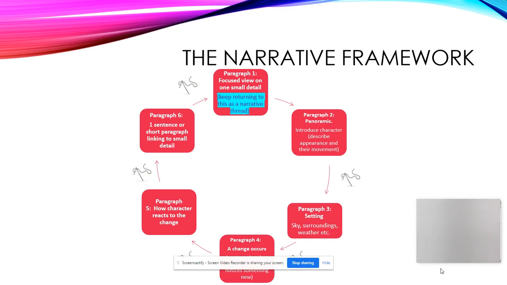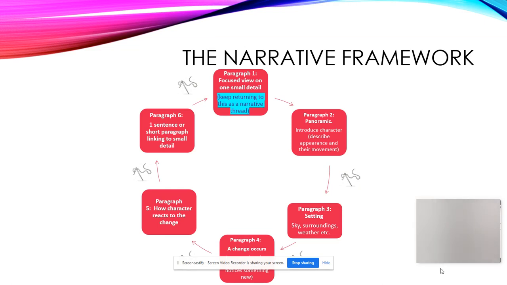If you just need a reminder, this is the creative writing framework, and you'll notice I've highlighted a certain bit in blue. Paragraph 1 says that you need to focus on one small detail to begin with, and then keep returning to that as your narrative thread. As you flow through, you'll notice there are little needle and threads just after each of the arrows barring the first.